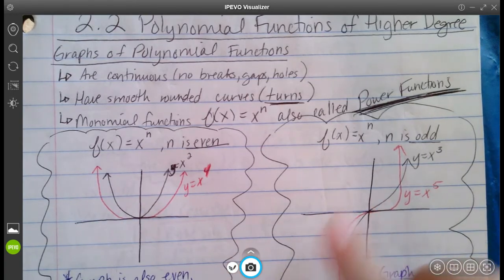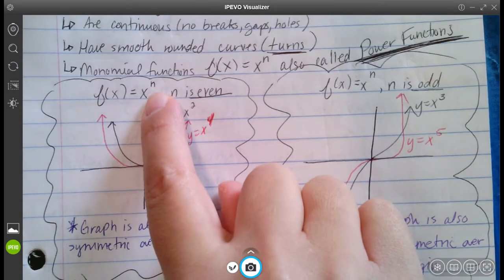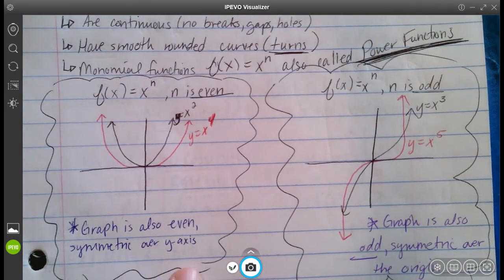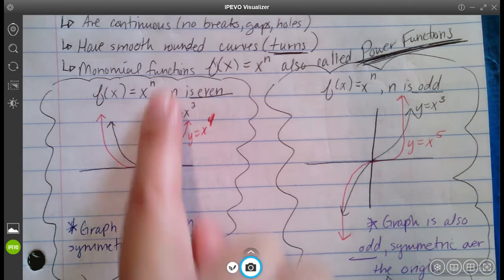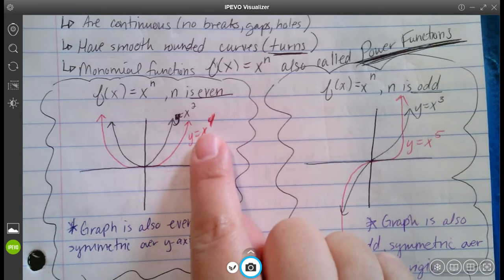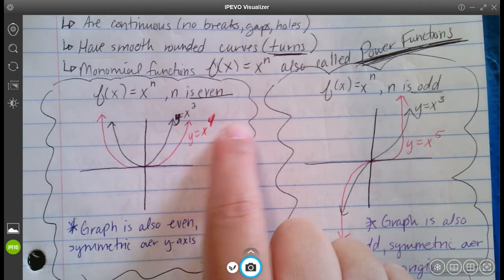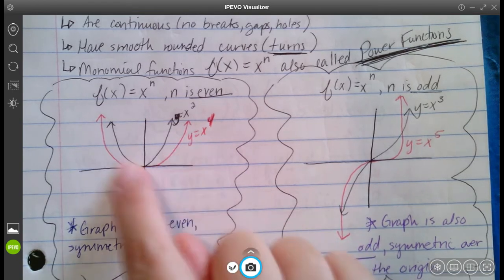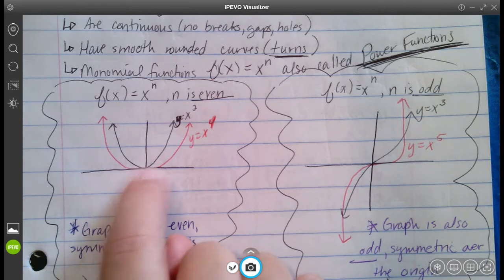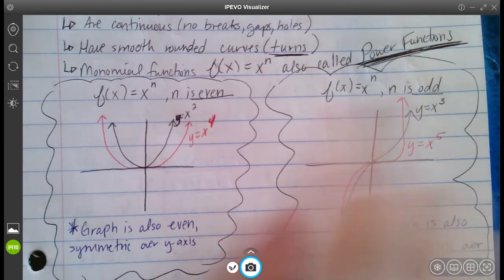It's also important to note that if the function is even, so the degree here is an even number, the graph is also going to be even, which means it's symmetric with respect to the y-axis. In general, as these numbers get bigger, so if it's a 6 or an 8 or a 10, whatever that number is, this curve will get flatter and flatter to the x-axis. So it looks almost like a box shape, okay?